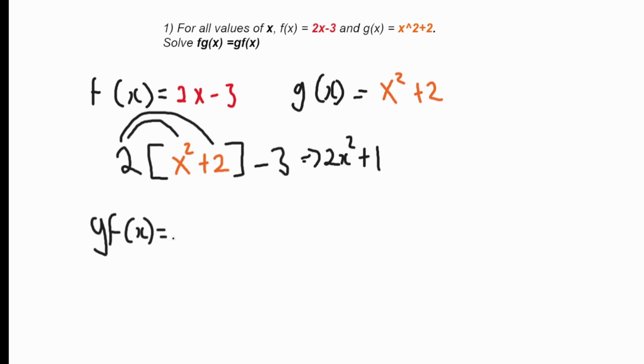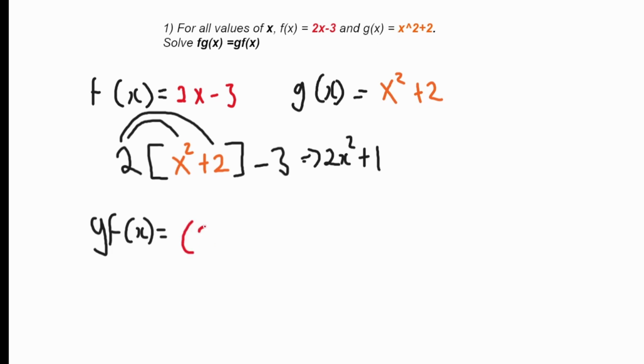So gf of x is going to equal, we're going to plug f of x into the values of x for g of x. So f of x equals 2x minus 3. You're going to take that and put it as a replacement for the x in g of x.